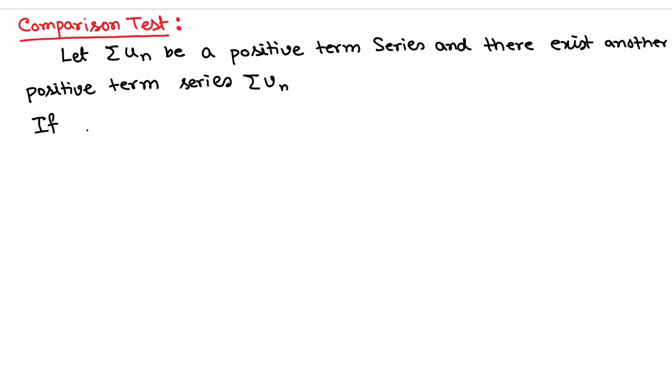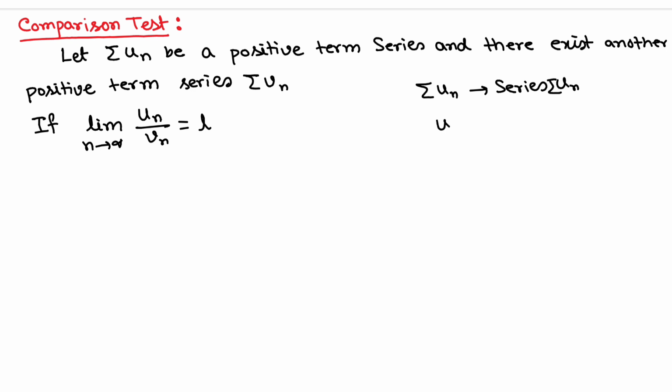Now, if limit n tends to infinity un by vn equals L. What is un? This un means the nth term of the series un. You have to understand the difference. If I am writing summation un, this implies the series un, and if I am writing only un, that means this is the nth term of the series un.